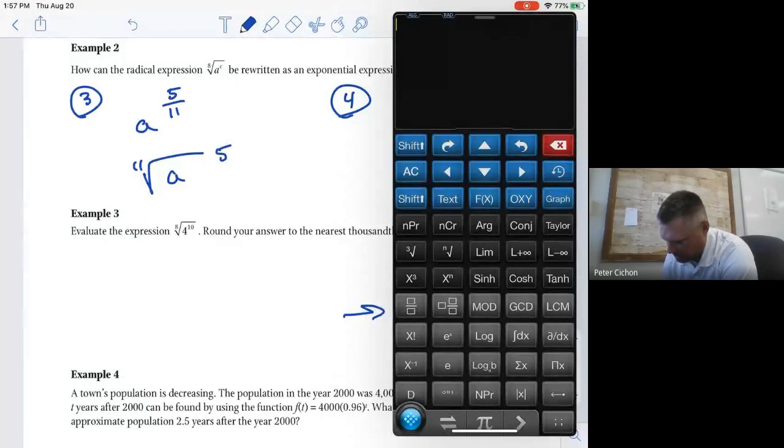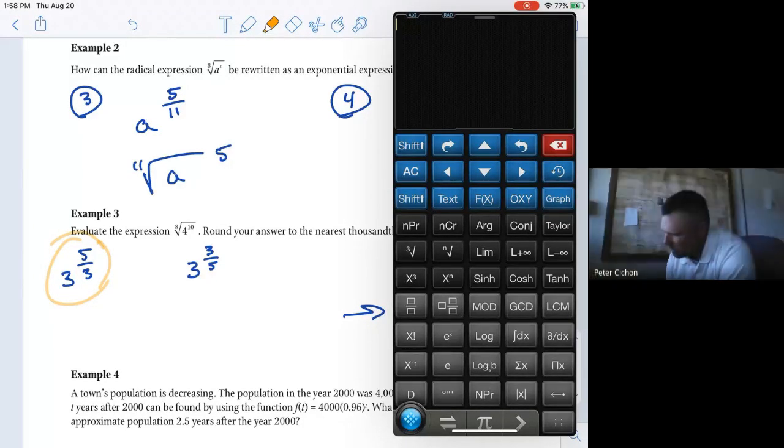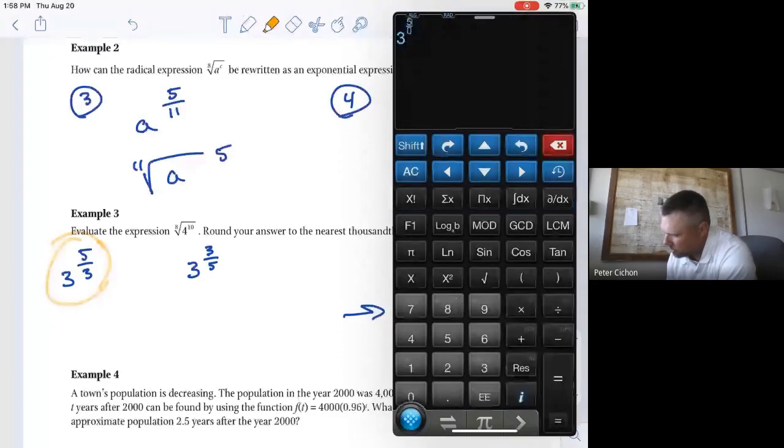All right. Let's just practice a couple things. 3 to the 5/3. And then let's do 3 to the 3/5. We're going to put these in our calculator. Here's what I want to point out to you guys. This first one, 3 to the 5/3. If the top is bigger, the answer is going to be bigger. 3 to the 5/3.